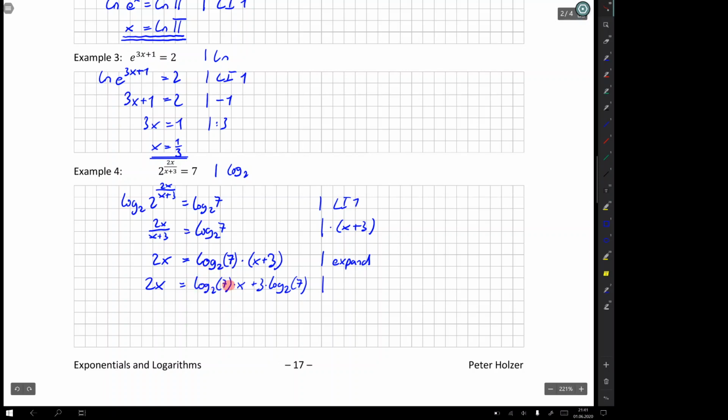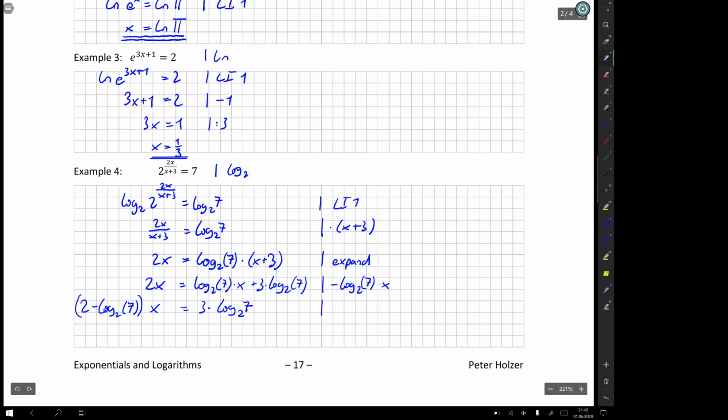If this was just 3x, what would we do? Well, minus 3x, so we do just minus this number, log of 7 in base 2 times x. We have to subtract that, so we get 2 minus log of 7 in base 2, the whole thing, so many x's we have, equals 3 times log of 7 in base 2.